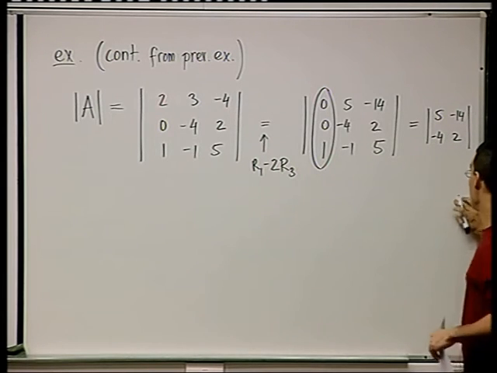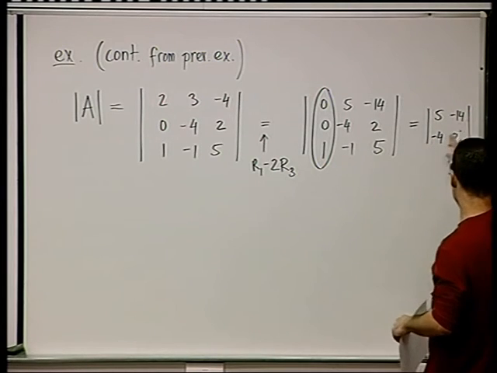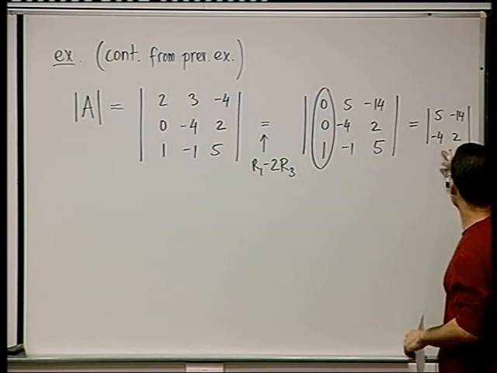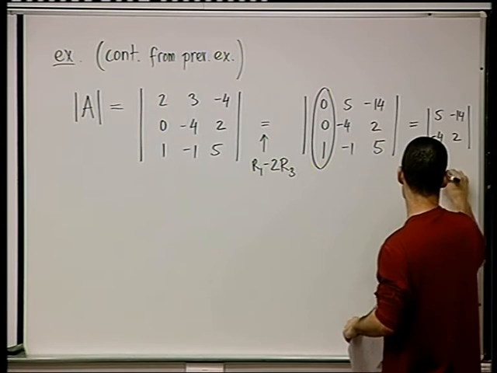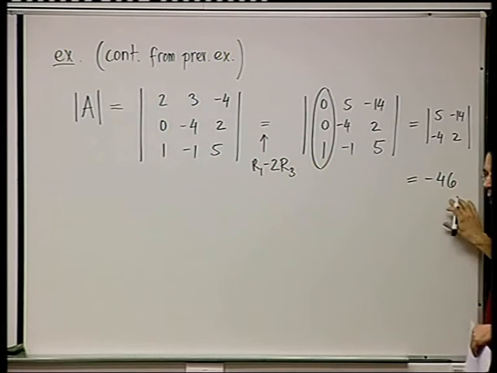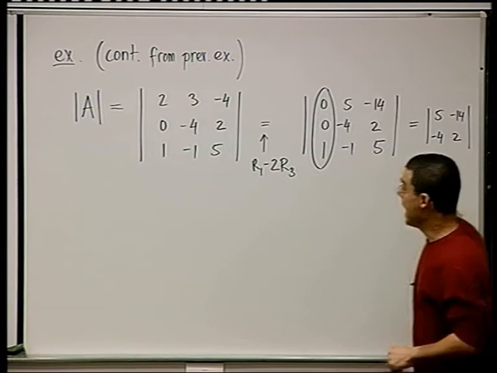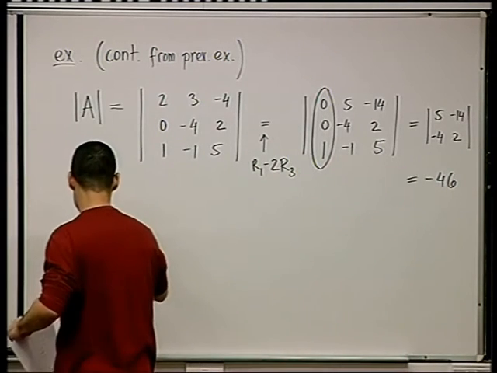Good? And then this is what? 10 minus 4 times 14 is 56. 10 minus 56, so it's negative 46. Really? Good? And therefore, now that I have the determinant, I can write down the inverse.